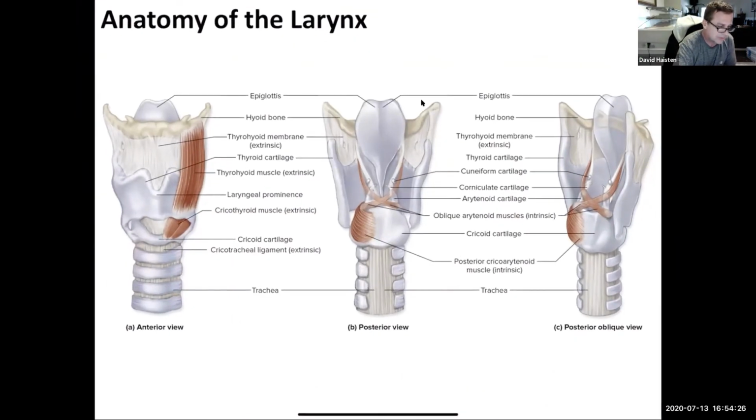So here's what the larynx looks like. And there's this big kind of like a hyaline cartilage tongue-like structure called the epiglottis. That's this right here.